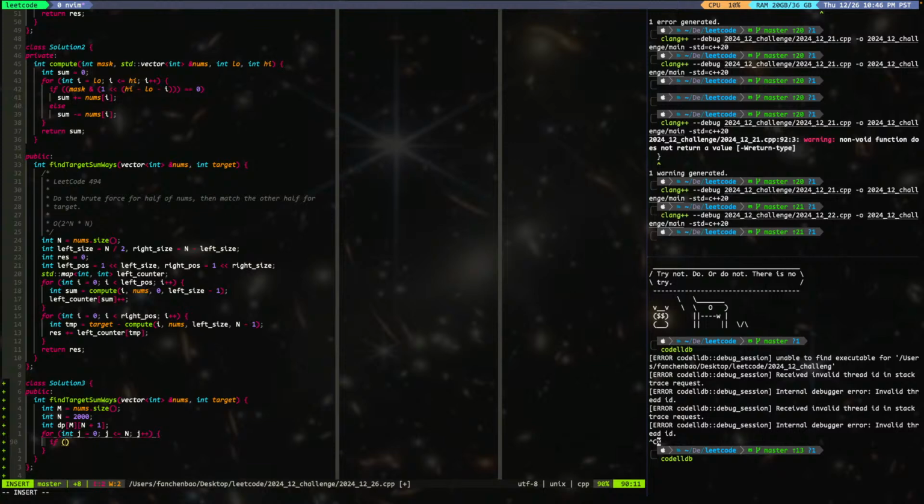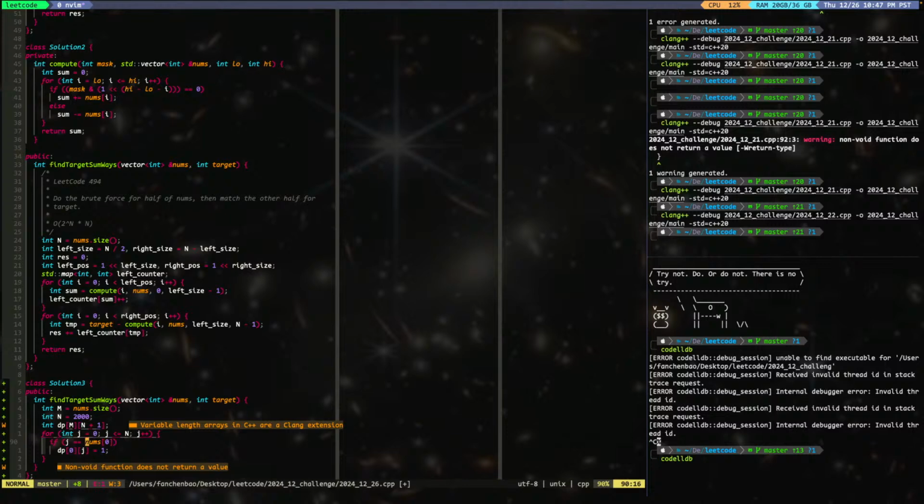If j is equal to nums[0], then we say dp[j] should equal 1, because you have one way. Everybody else is no way.